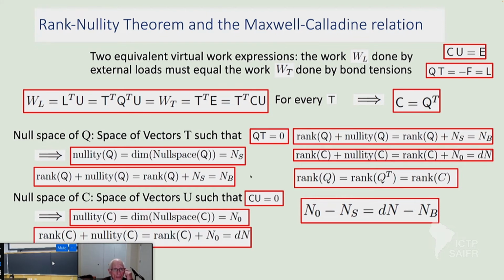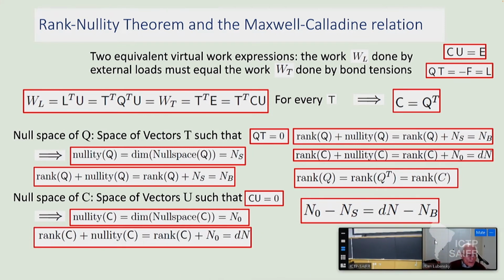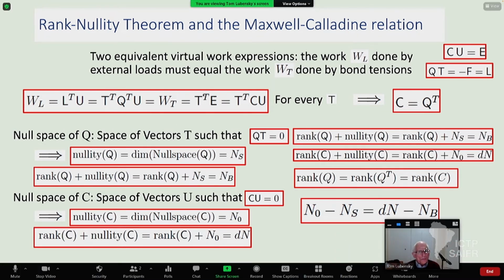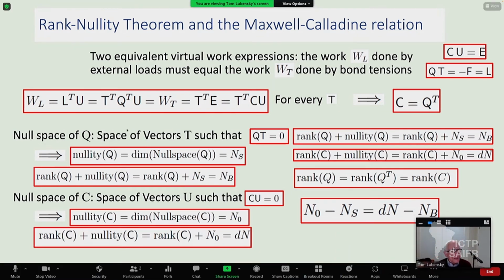So now we have to appeal to some theorems from linear algebra. I'm sure that most of you have forgotten a lot of this. I'm not going to rederive them. But what we're going to look at is how the various dimensions of the spaces that are created by these relations relate to each other.